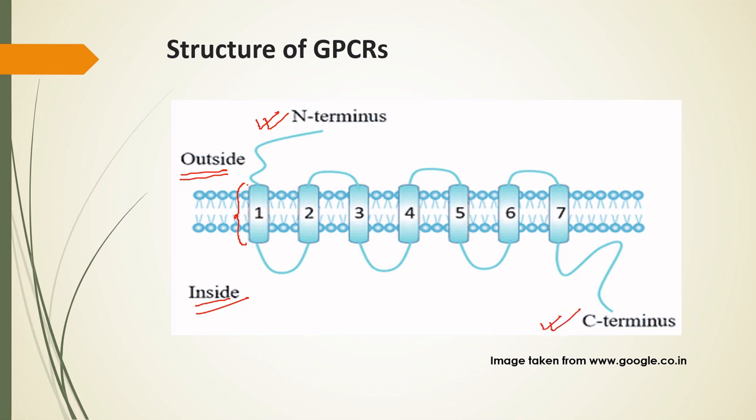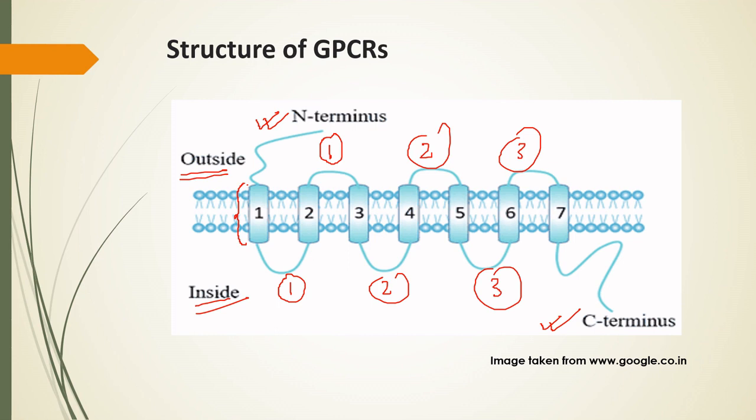But we also saw that this receptor has 3 extracellular loops. So these are the 3 extracellular loops and 3 intracellular loops, 1, 2 and 3 intracellular loops. In between the loops on the extracellular surface is the point where the agonist is going to bind.